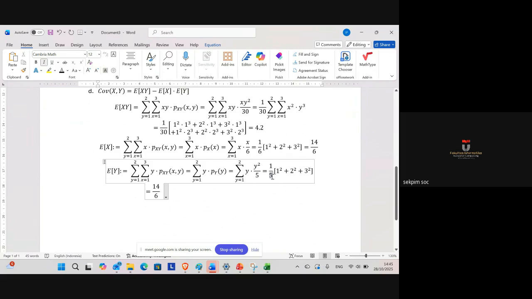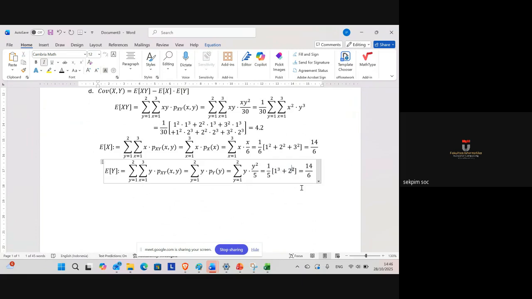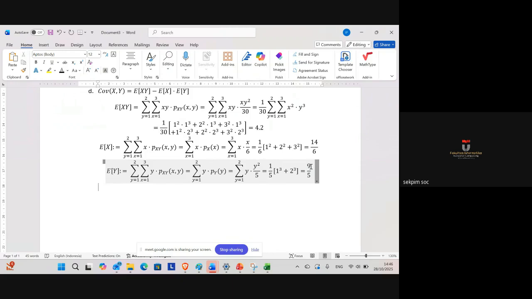So we have 1/5 here, and y to the power of 3 for y equals 1 and 2. So you get 8 plus 1 is 9. So it's 9 over 5. So that's for the expectation of y.